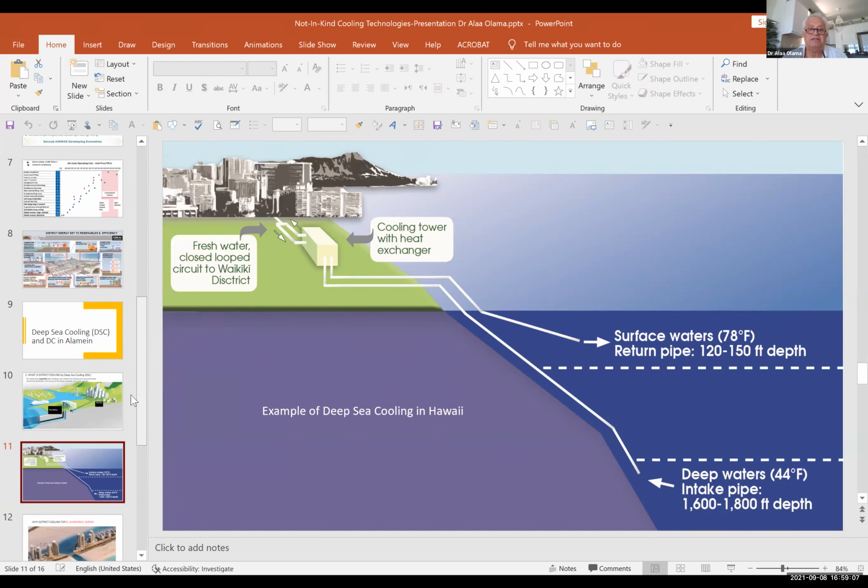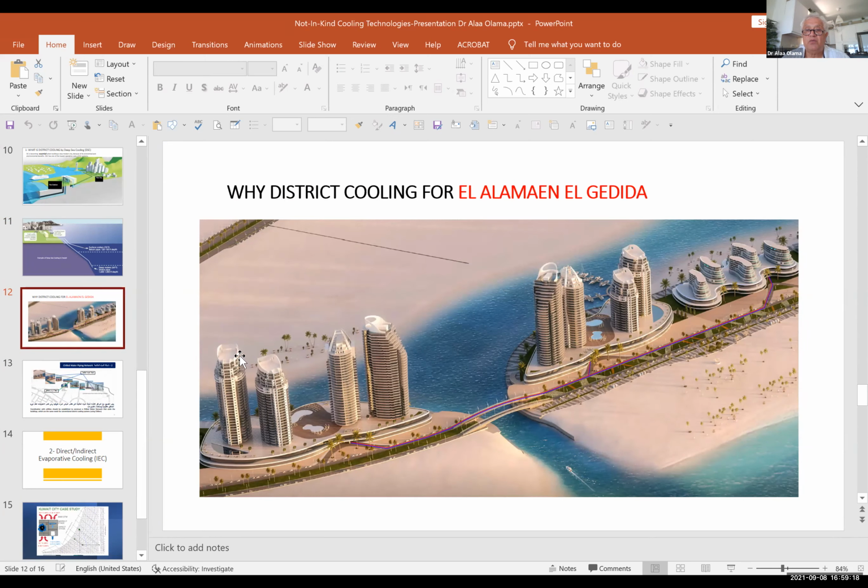This is what we are proposing for this city that has 35 coastal towers in Alamein, at the north coast of Egypt, where we are using the same concept to produce cooling. Now, looking at this city in particular, what is proposed is a couple of lines of chilled water pipe going all around the coast and cooling the water.